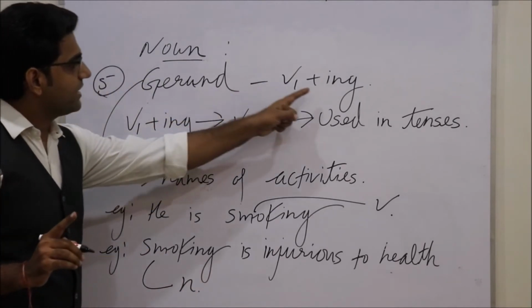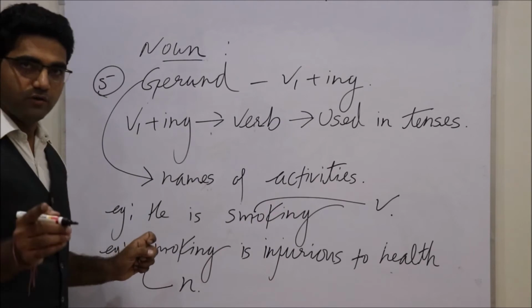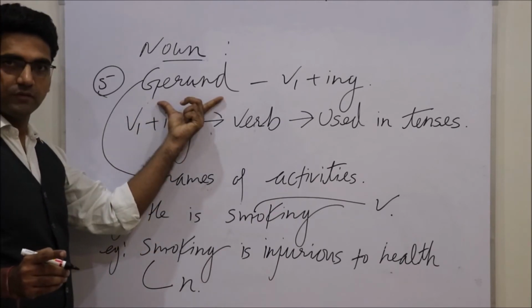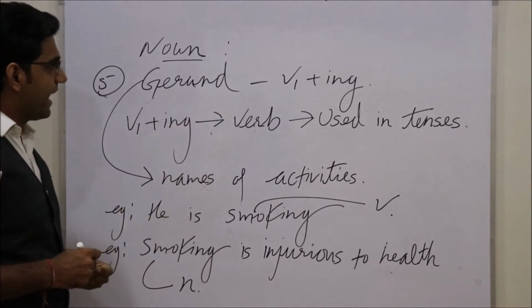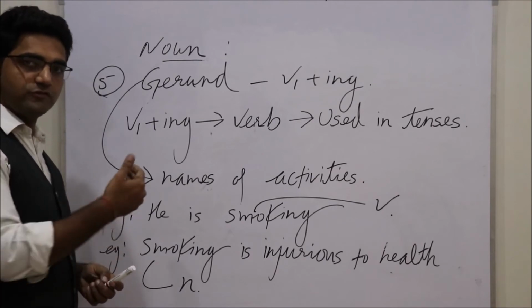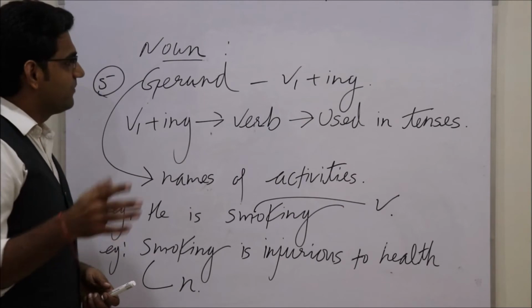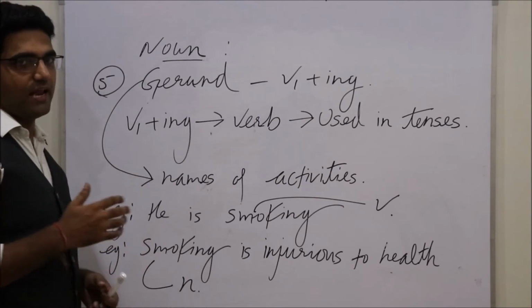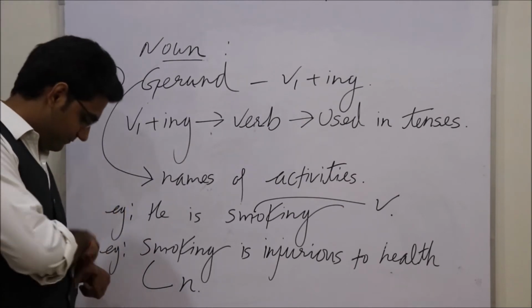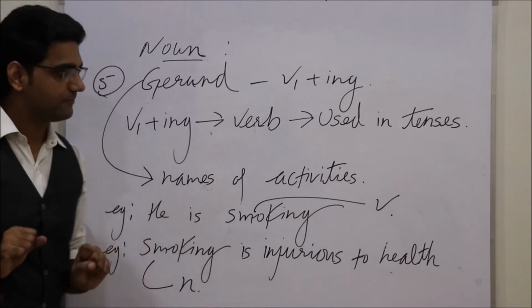And when the verb in ing functions as a noun, it is called a gerund. So adding ing to verbs also gives us nouns. I'm giving you a few seconds to note this point down, and then I'll come back to point number 6.